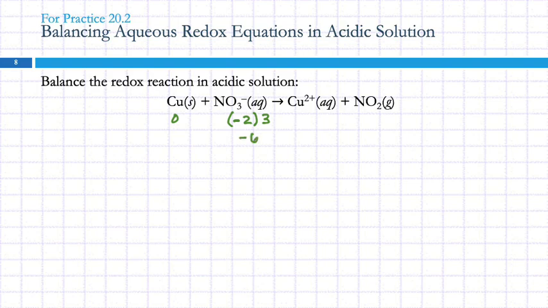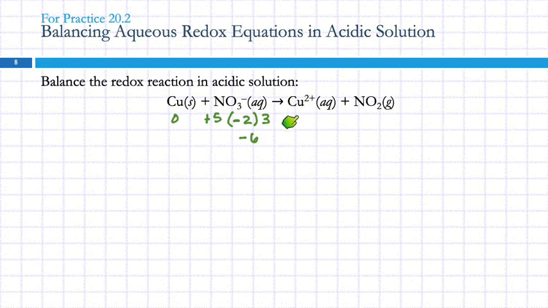So the nitrogen has to be what? +5. Now, we've never seen an N5 plus ion, have we? Because they don't exist. This is one of those instances where it's not a complete transfer of electrons, it's just an unequal sharing of electrons.